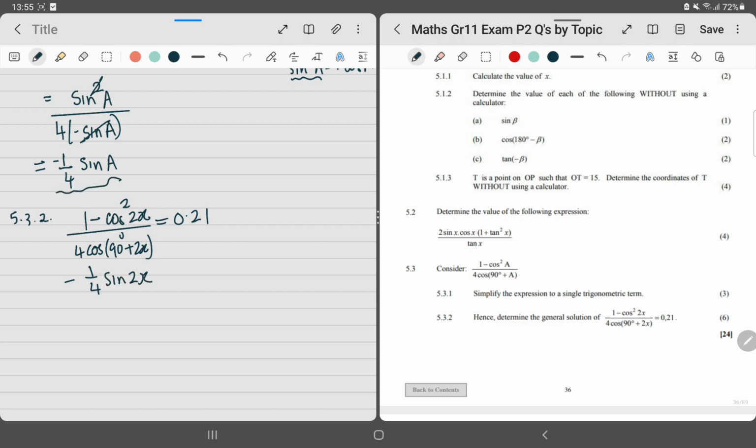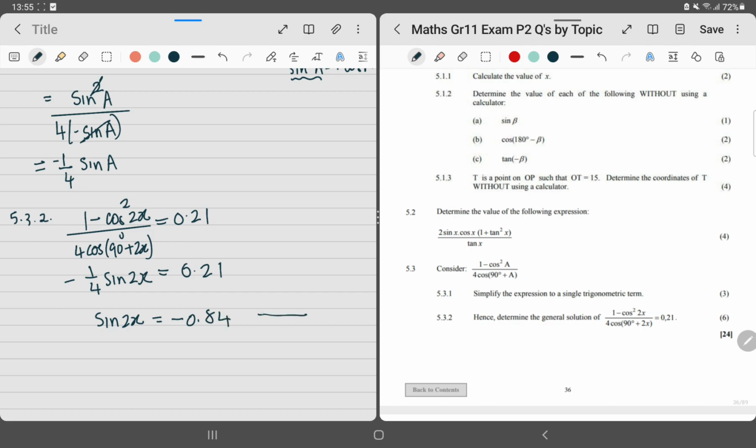So we are using this because they said hence. We are using this from the previous question. So this should be equal to 0.21. So sine of 2x is equal to 0.21 times 4. So this is negative 0.84.